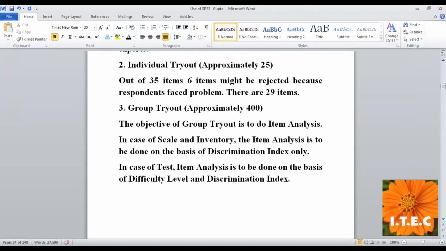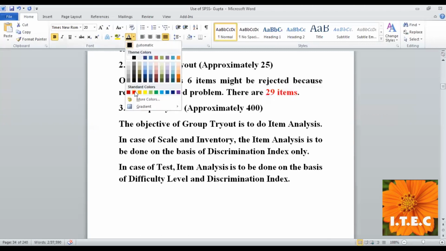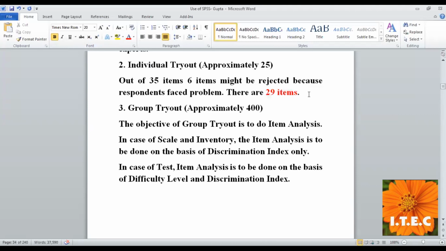Now, what you do is, the 29 items that were selected yesterday from the expert tryout and on the basis of the individual tryout, you arrange these 29 items in any fashion you like, but you should not arrange them like difficult items first and easy second. No, not like that.